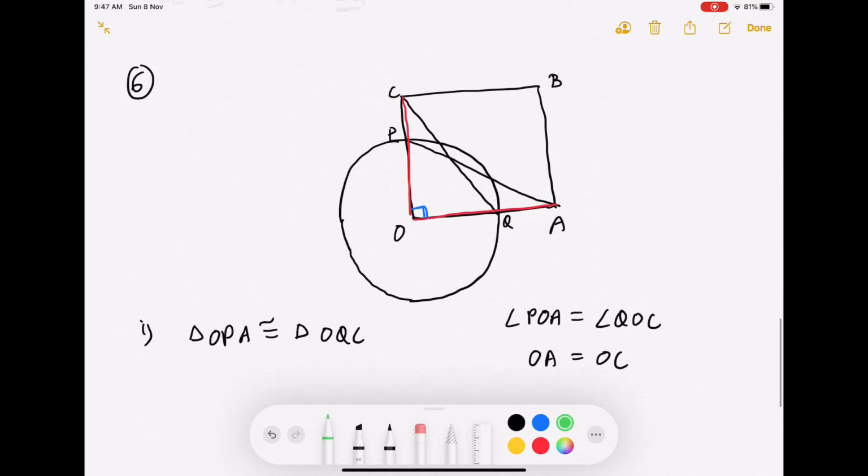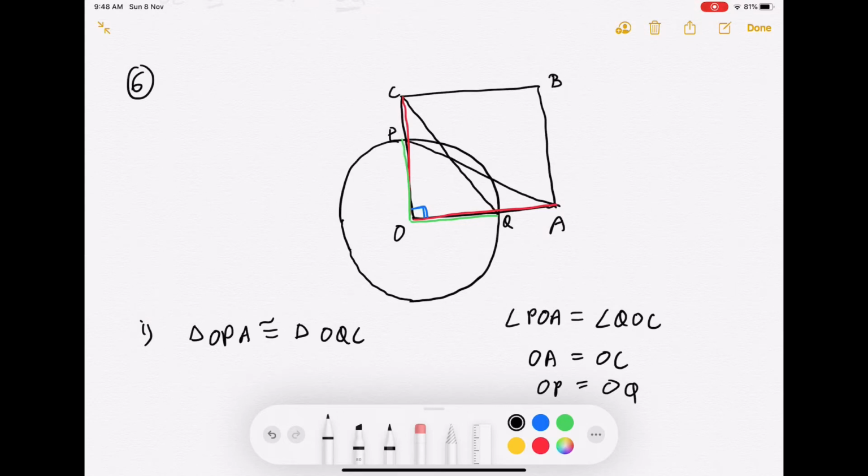Then what else do we have? We have from the first triangle OPA, OP, which is one of the radii. This is equal to OQ. They are the radii of the same circle, so OP is equal to OQ, and OP and OQ are sides of these two triangles. So we can see that there are two sides which are equal and the angle in between these two corresponding sides are equal.